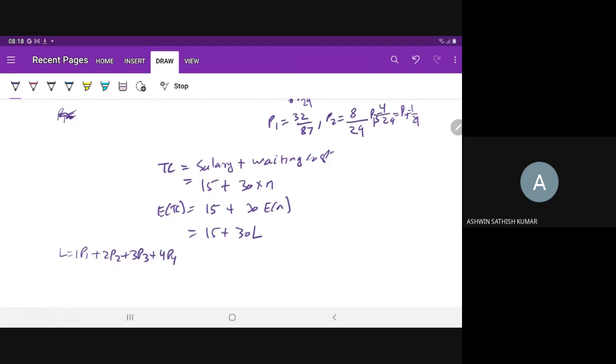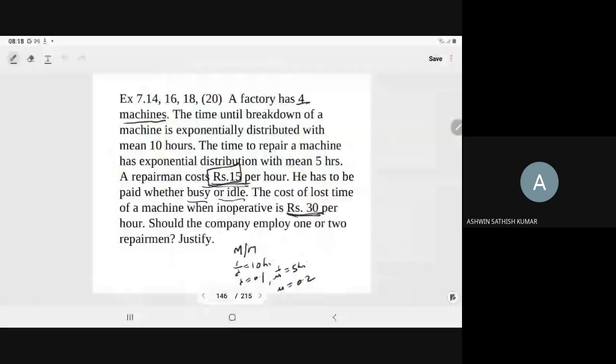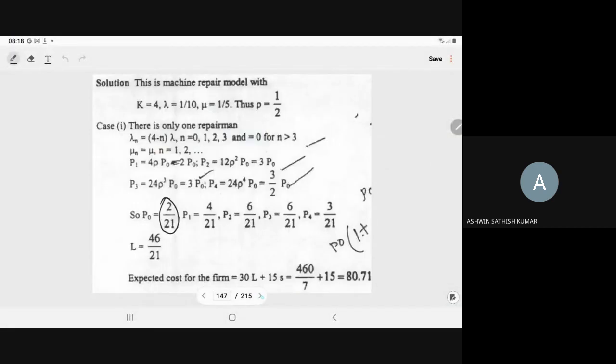So all the values you have. Similarly, here also L is equal to 1P1 plus 2P2 plus 3P3 plus 4P4. So L for the first model is 46 upon 21.